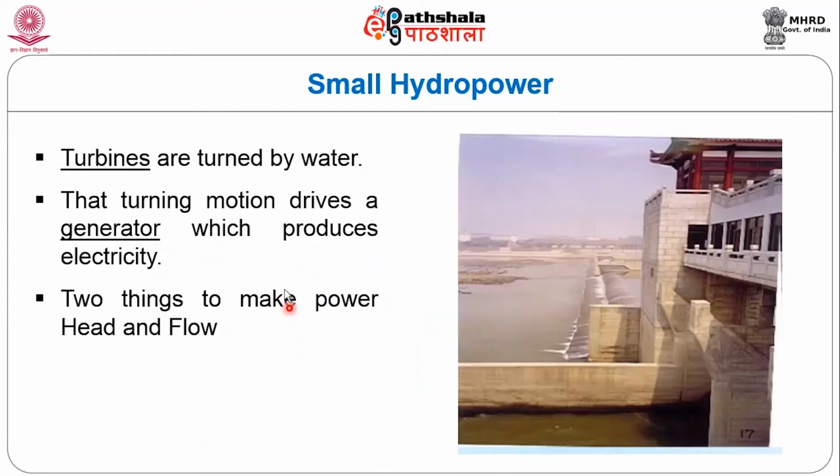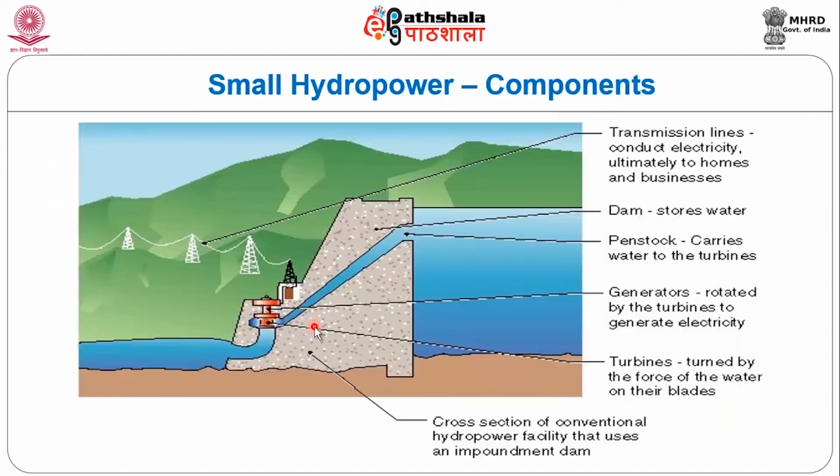The turbines are turned by water. Because of the water force, the turbines are rotating. That turning motion drives a generator which produces electricity. The mechanical power is converted into electricity. Two things make power: the head and flow. And this is about small hydropower components.